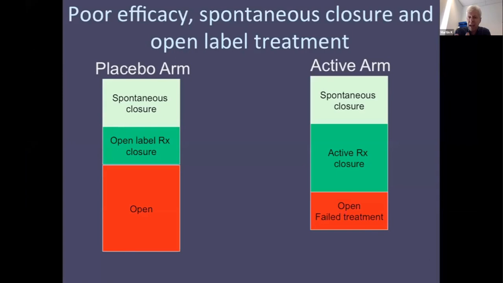In the placebo arm, the duct has still been open and causing harm. But in fact, all of these other things have occurred whilst we're waiting for that outcome to happen.